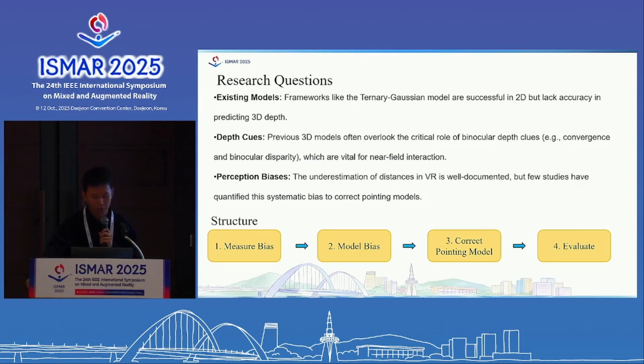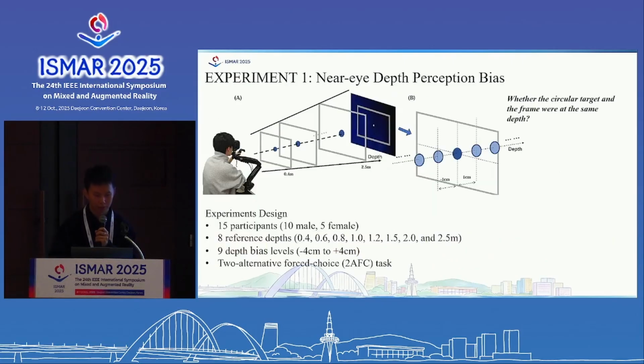Those steps form the three key contributions of our paper. We model near-field depth perception bias. We analyze pointing performance in various 3D motions up to 2.5 meters. We integrate our bias model into the ternary Gaussian framework to improve its accuracy.